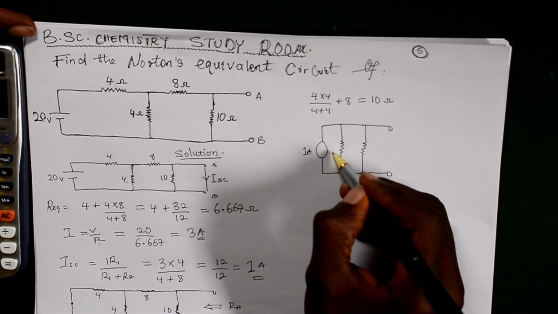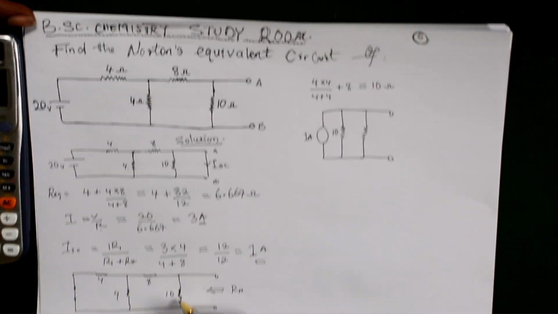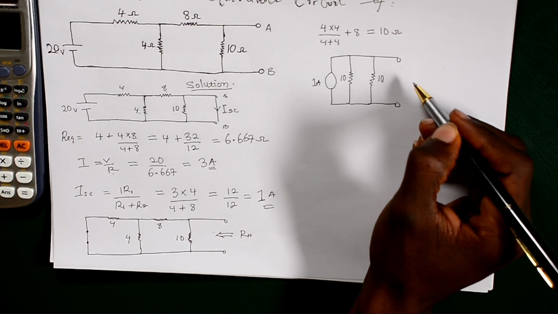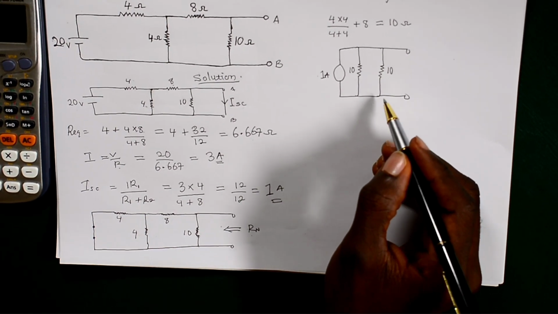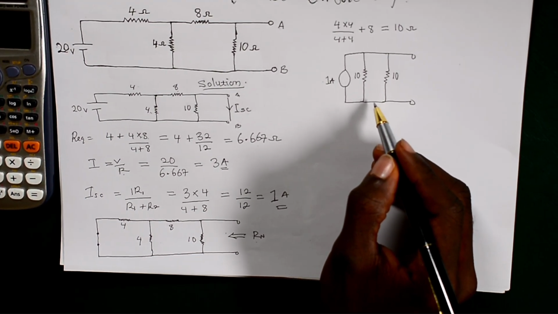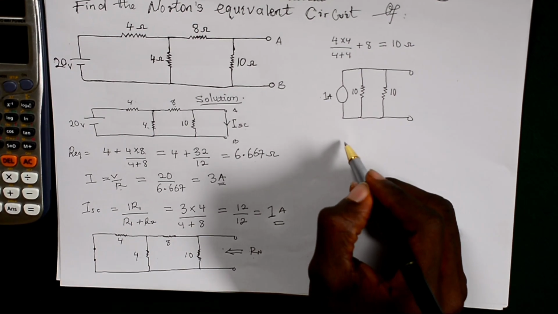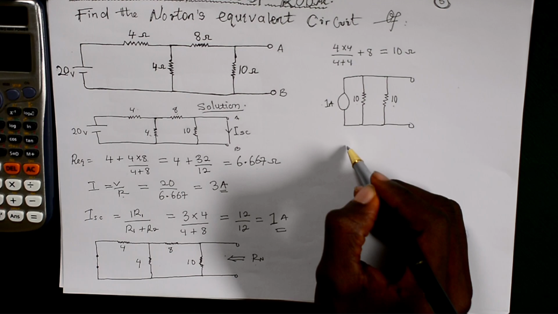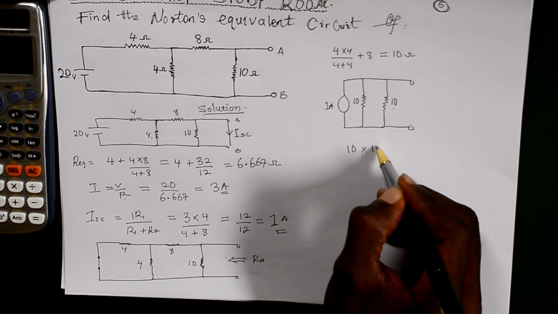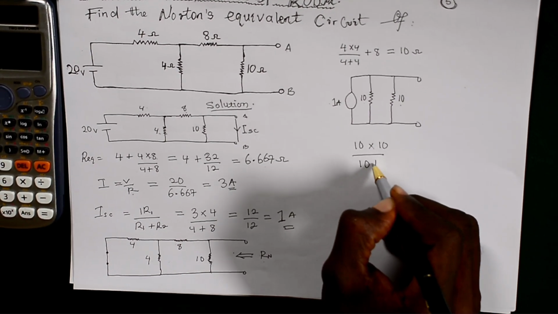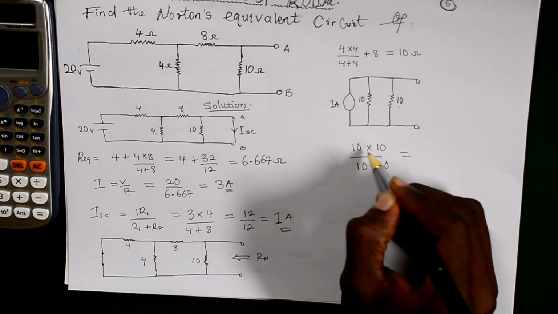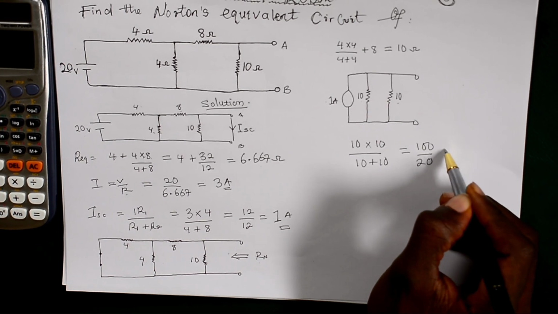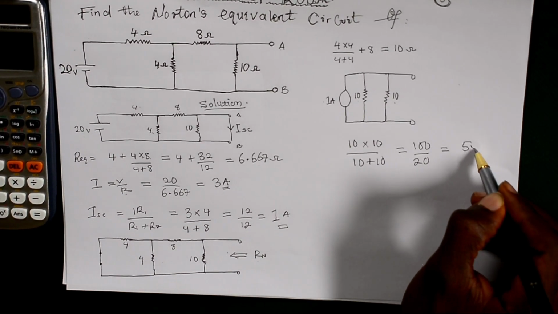And this is the equivalent resistor, and this is the last resistor that we have in the circuit. So now to obtain the Norton's equivalent resistance, this 10 and these 10 are now in parallel. We have 10 times 10, 100, all over 10 plus 10, 20, which is equal to 5 ohms.